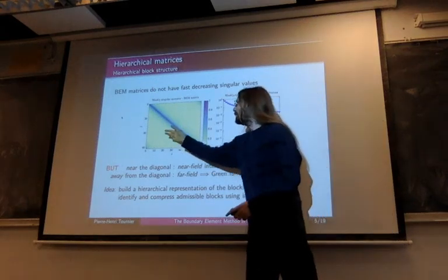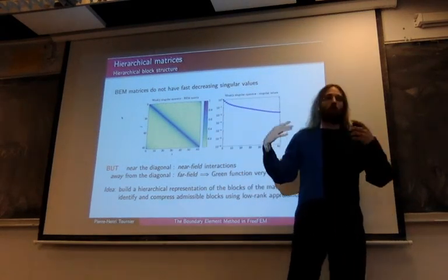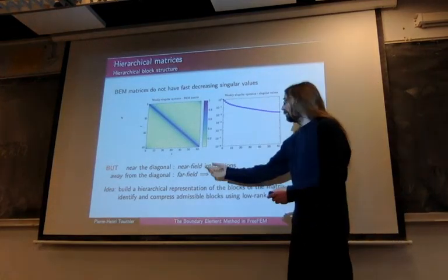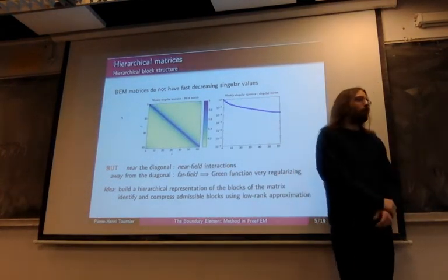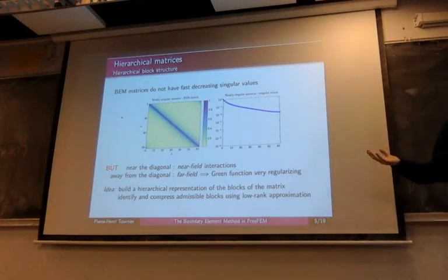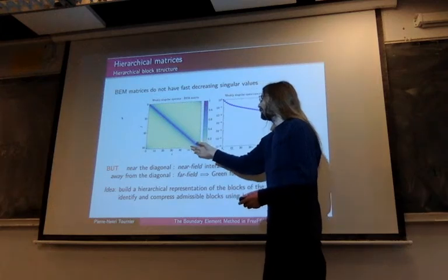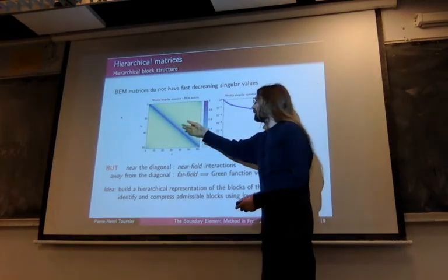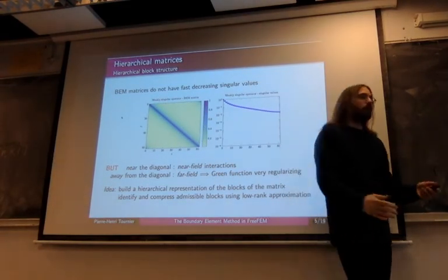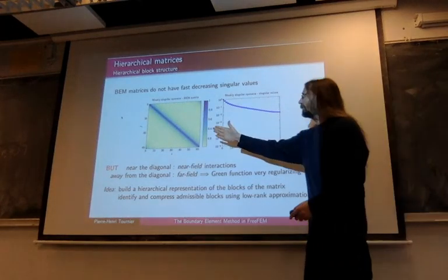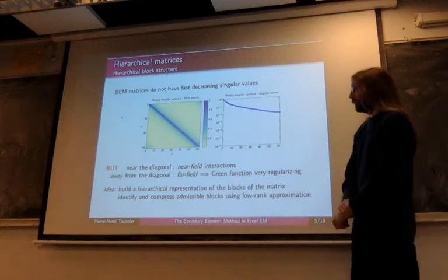So this will be near the diagonal, where you see you have large values of the coefficients, and this contains a lot of information. So this is not low rank information, so you cannot really compress what is near the diagonal. As you can see, away from the diagonal, you have a hint already that something is a little bit different, because all the coefficients are very small in absolute value.